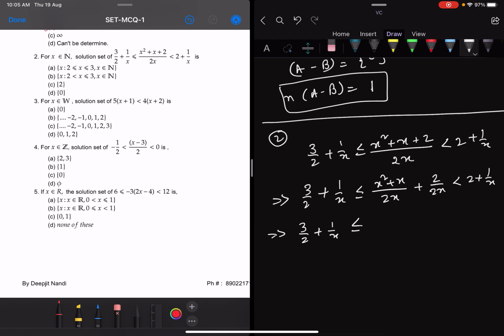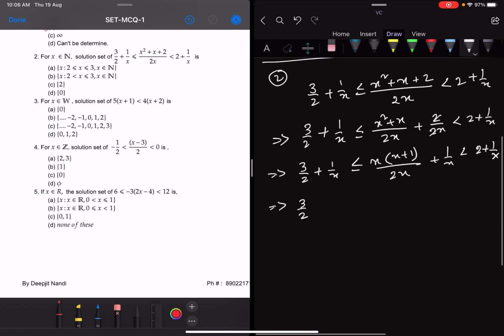If we take common x from there, it will be x plus 1 divided by 2, plus 1 by x, less than 2 plus 1 by x. We can cancel out x and x, so it will be 3 by 2 plus 1 by x less than or equal to x plus 1 by 2 plus 1 by x less than 2 plus 1 by x.